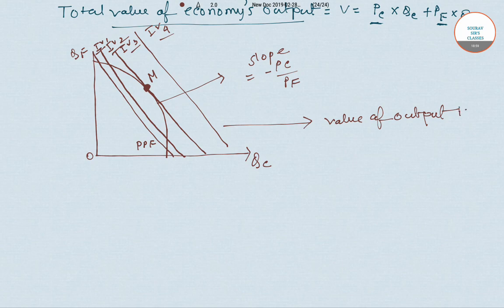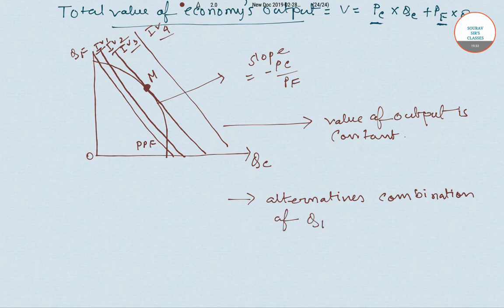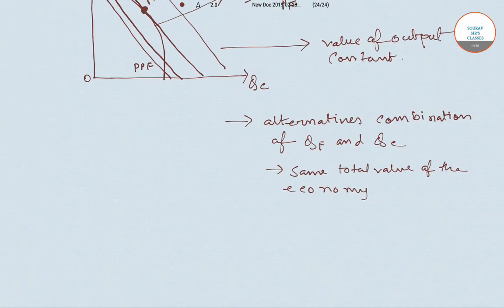Such a line is the locus of points showing alternative combinations of QF and QC which yield the same total value of the economy.